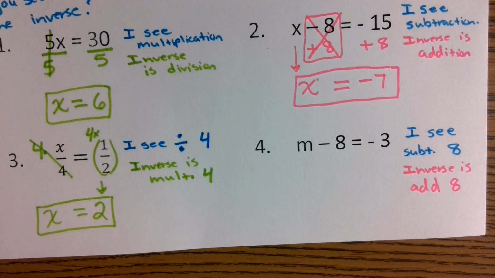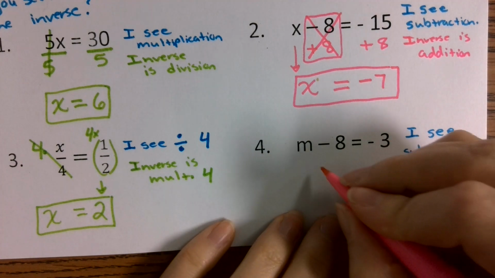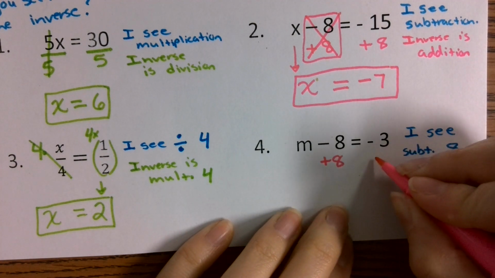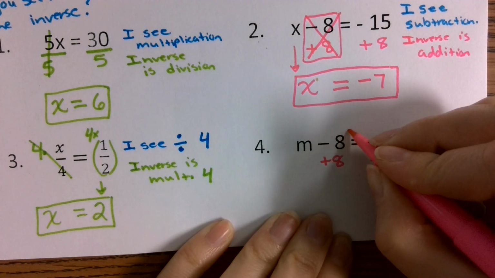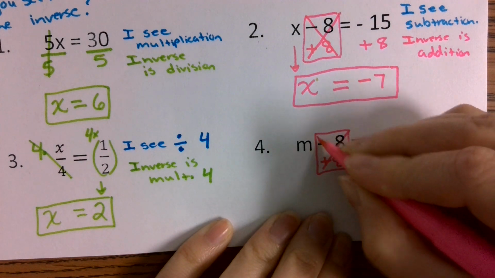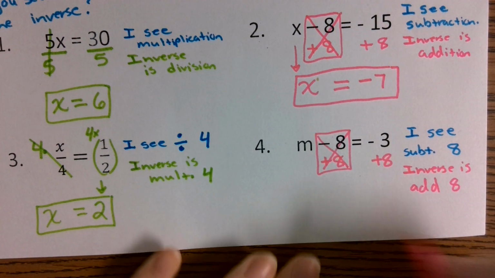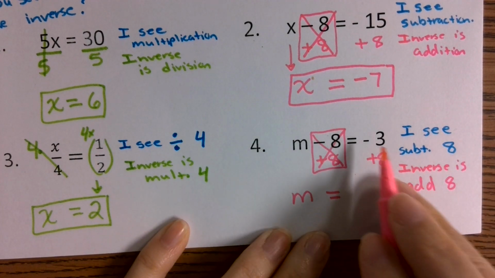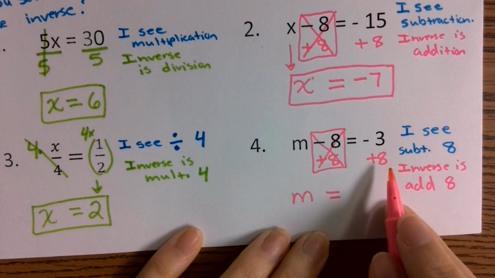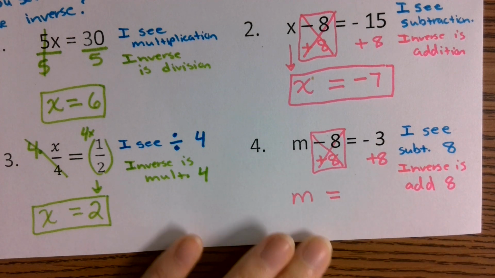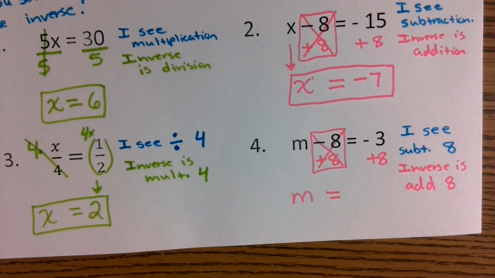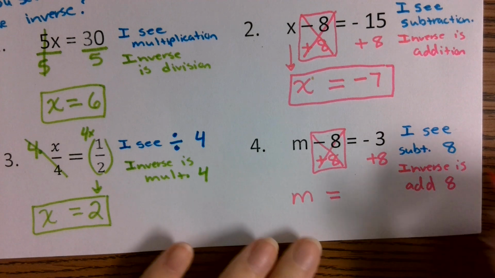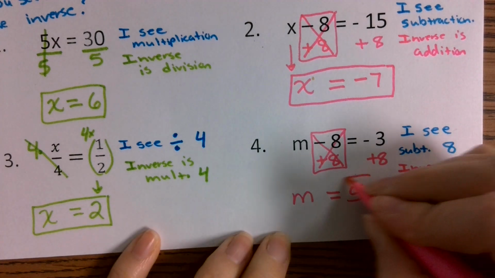So instead of subtracting 8, we are going to add 8 to both sides of our equation. Again, I can box these 8s off and cross them out. That m is going to come straight down. And if we do negative 3 plus 8, what is that going to come out to? Positive 5. Good.